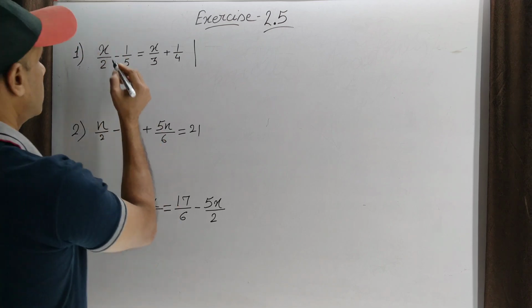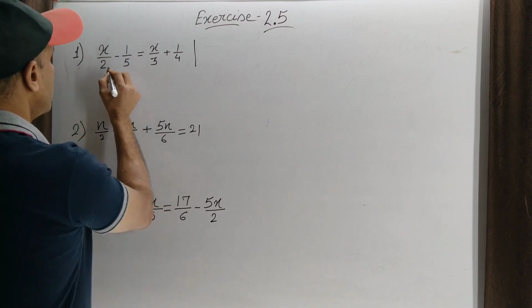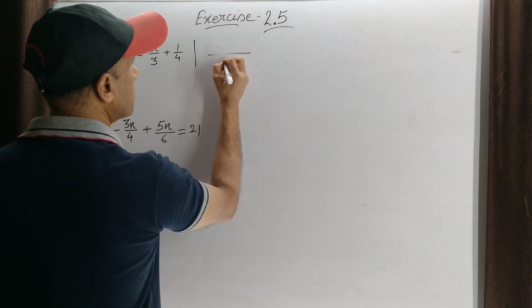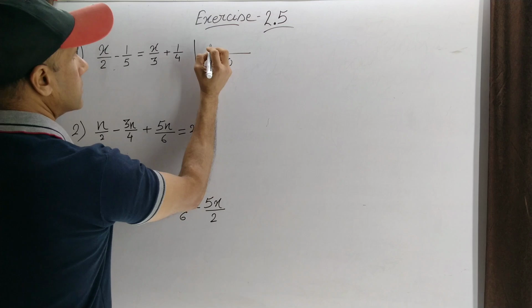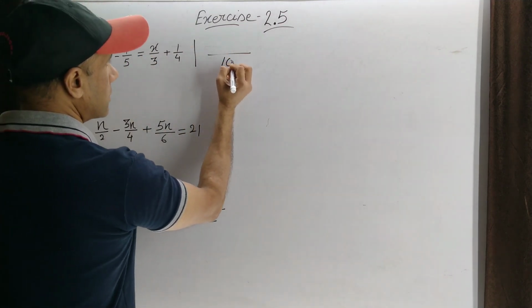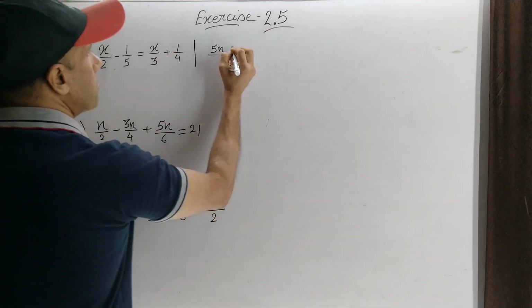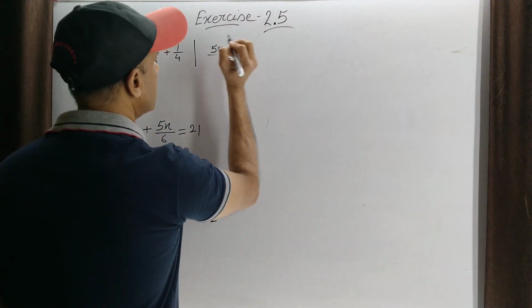So in this case, taking this part, the LCM will be 10, 5 into 2, 10. So common denominator will be 10 and this will become 2 divides 10, we get 5, so this will be 5x, minus 5 divides 10, we get 2, so we get 2 here.